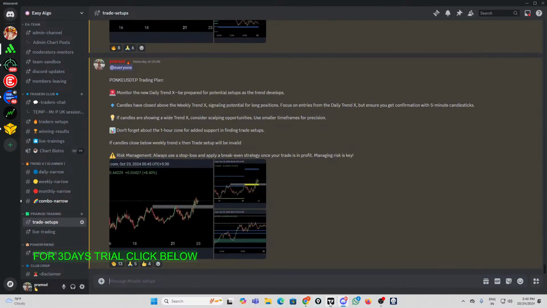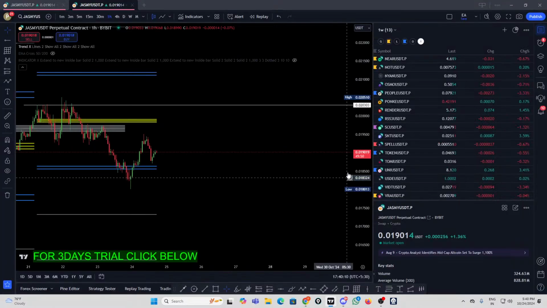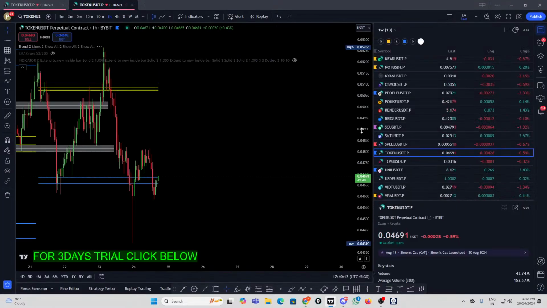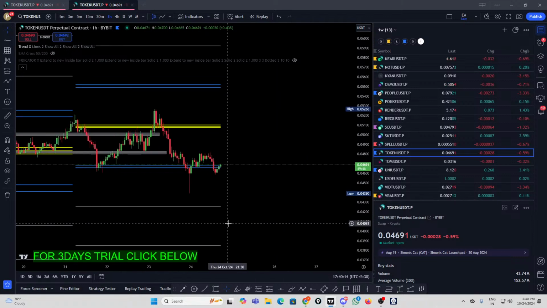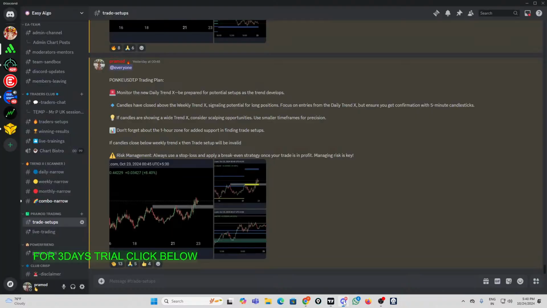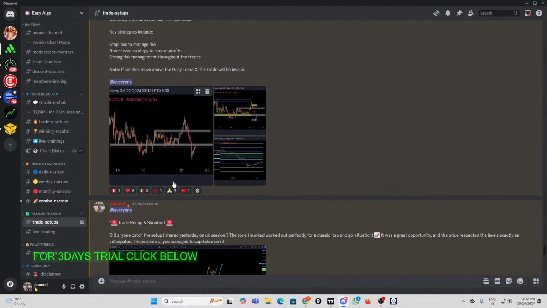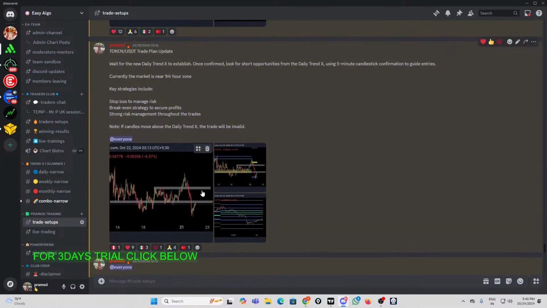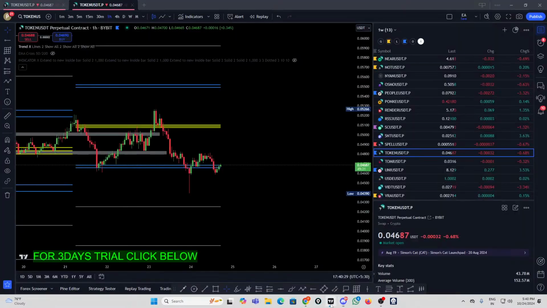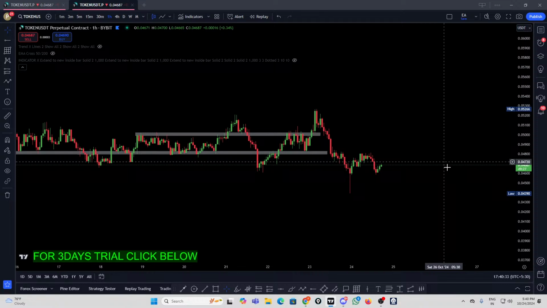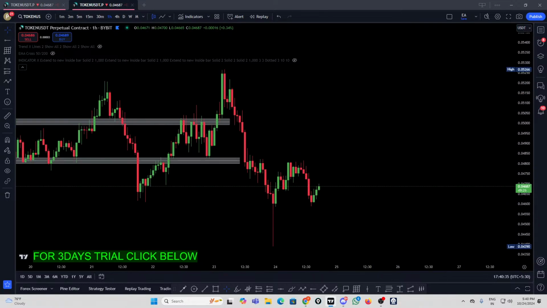Okay, token USDT, let me check. Yeah, token USDT. I'll just check one second. Okay, token USDT, we had one zone there. It was invalid. From this area we were supposed to take short positions. This area. So it didn't.